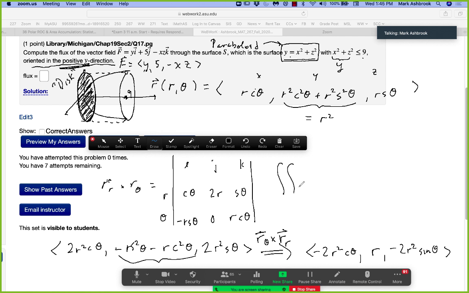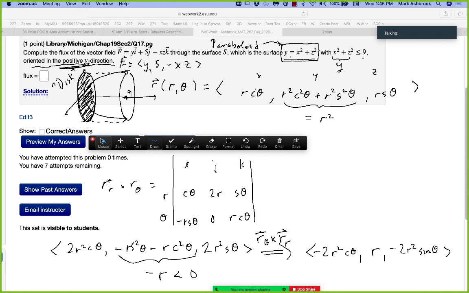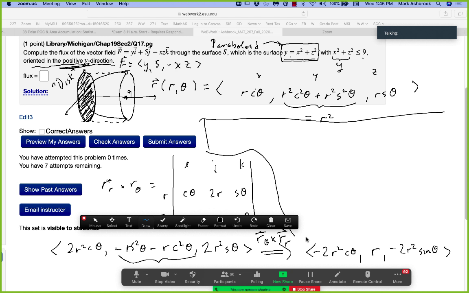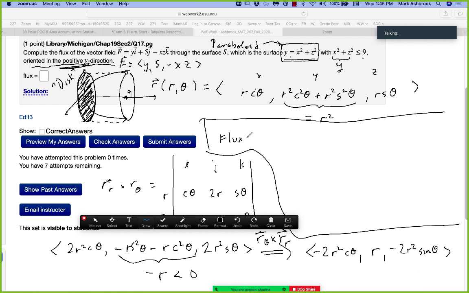So quickly here, we're going to rewrite F. So our flux is going to be, rewrite F in terms of the vector function.